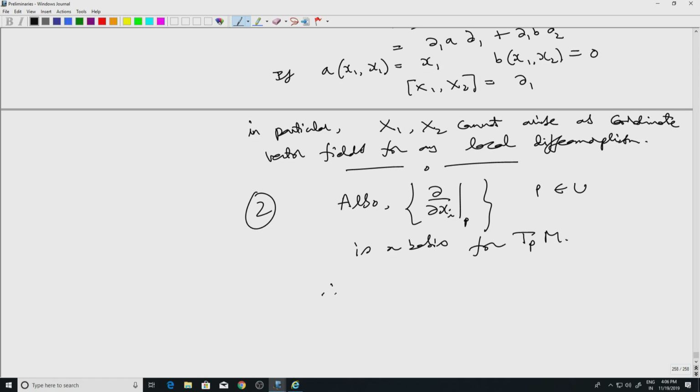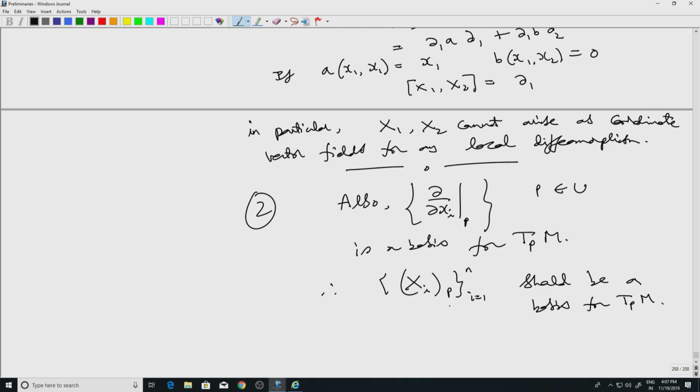Therefore, if these vector fields happen to be coordinate vector fields, then it is necessary that these Xi at p, for i equal to 1 to n, should be a basis. In other words, since there are exactly n of them, it is the same as saying they should be linearly independent or that they span, either one will do, should be a basis for TpM.